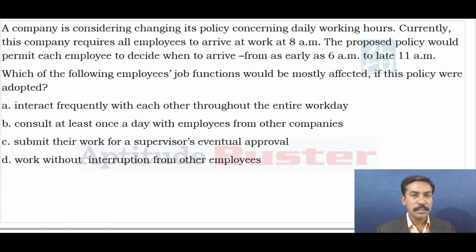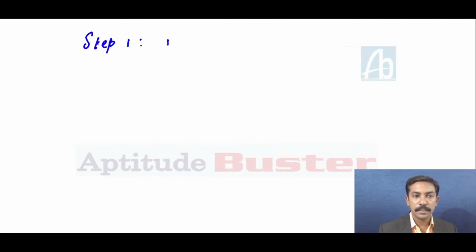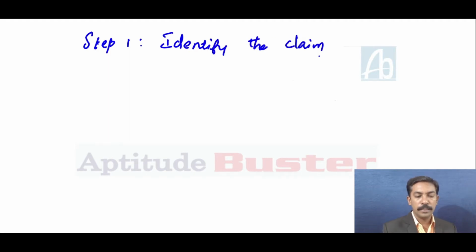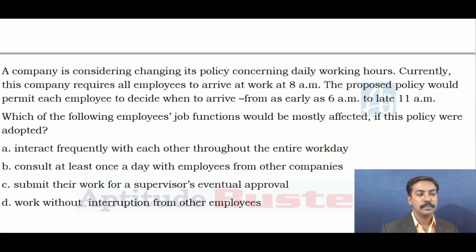While you are on such a question type, the first step is to read the text and identify the claim in the text. If you read the text again, you will understand a company is considering a policy change. And what is the change in its policy?